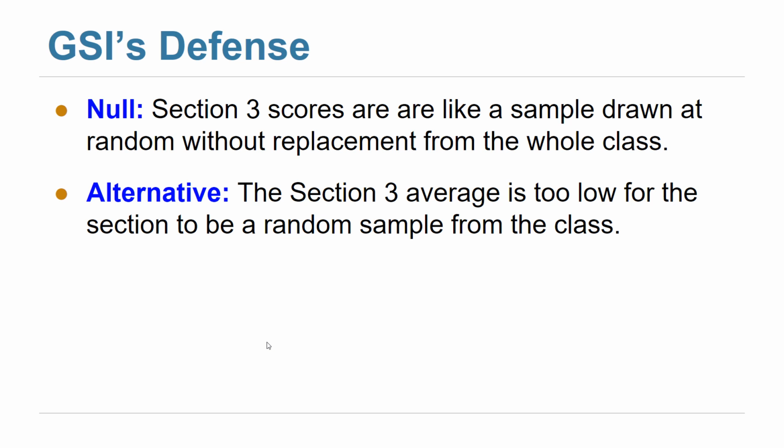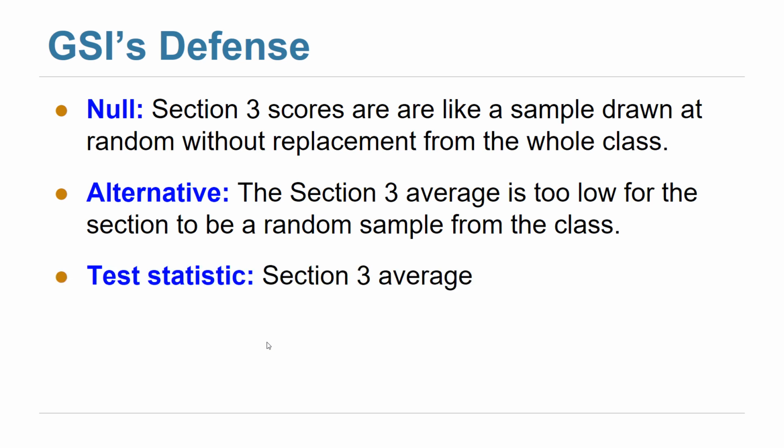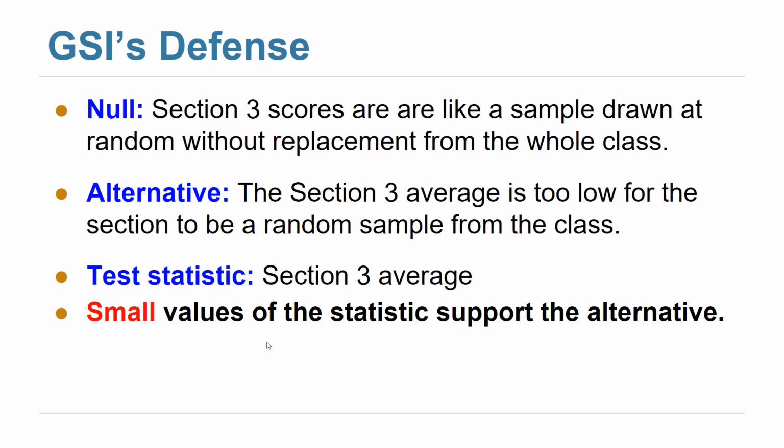For the GSI's defense that we just explored, the null hypothesis was that the scores were a random sample, randomly drawn from the population of the students. The alternative was that the average is too low. The statistic that we used was the average of the section of the sample. So small values will support the alternative, because the alternative is the students' stance, which is that the average is too low.